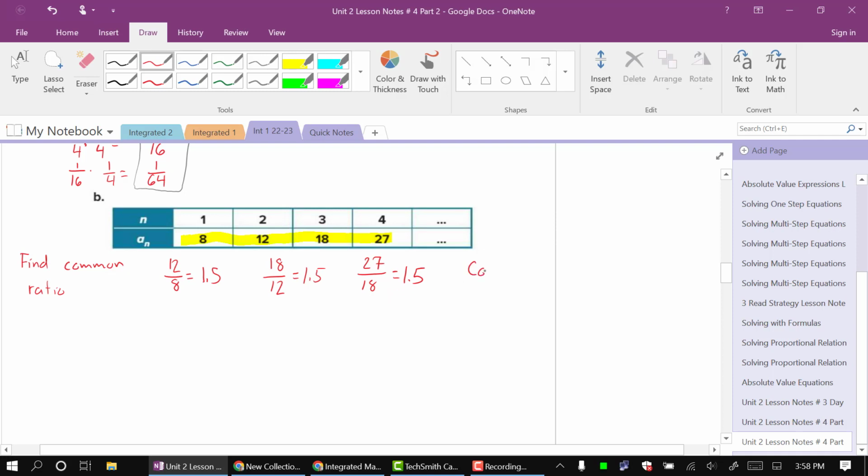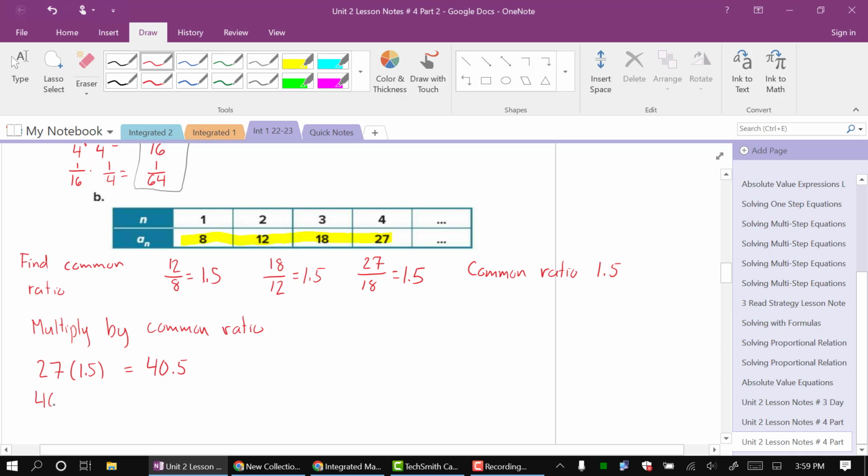So my common ratio is 1.5. I'm going to use this to multiply with my last term. So multiply by the common ratio. I'm going to go 27 times 1.5. And when I multiply those two, I get 40.5.